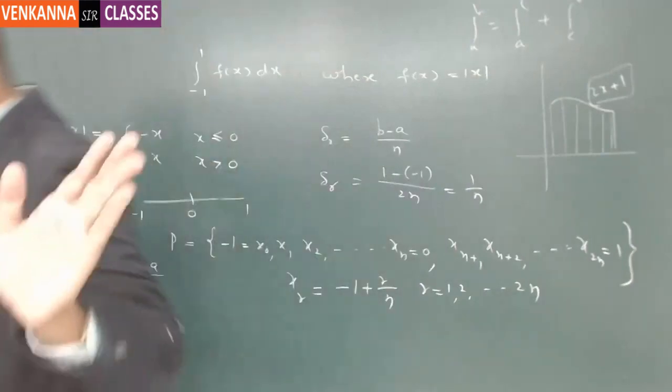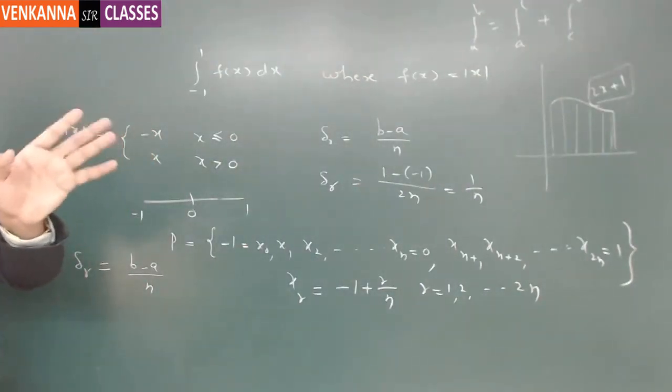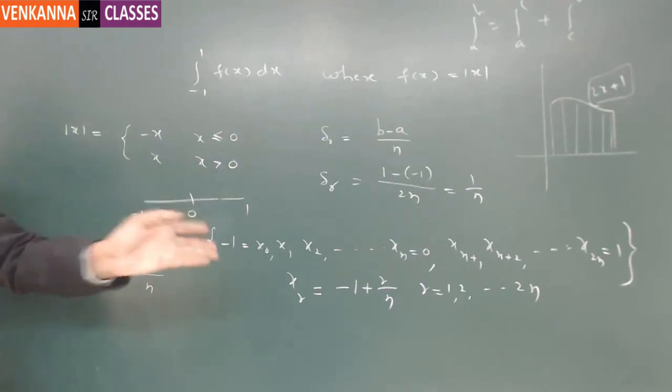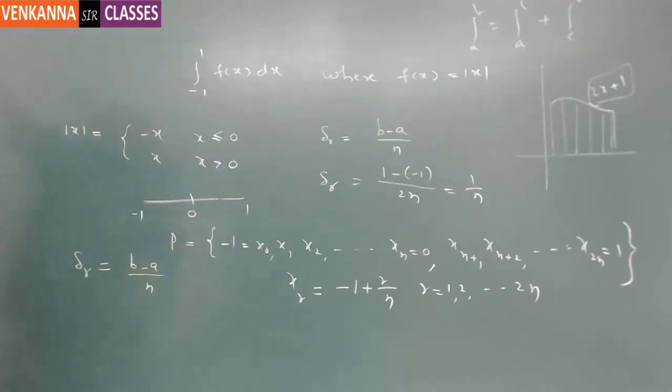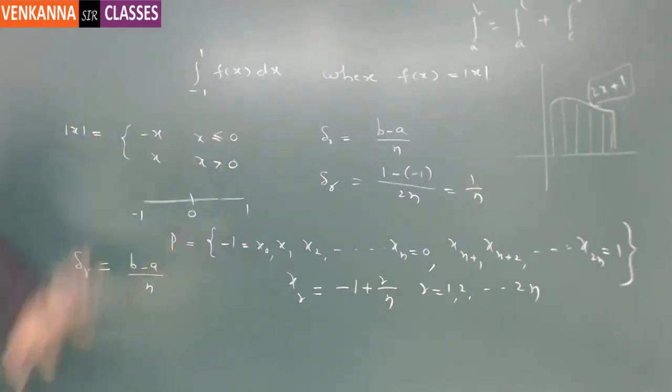You have this property in integrations, right? There is no difference in making a partition. But for the same problem, you fix n only. There is no doubt at all.